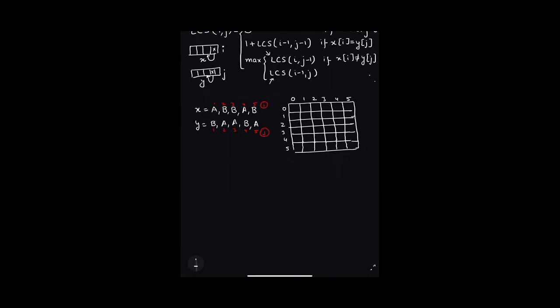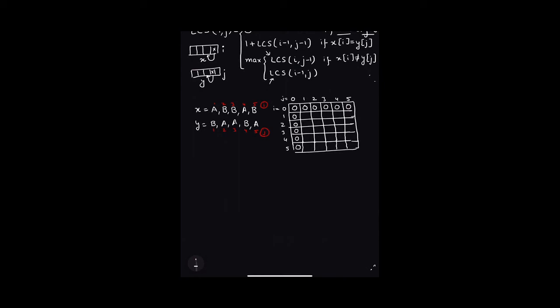Now, according to my formula, you can see that if I'm having I as 0 or J as 0, I have to put the value straight away as 0. So I'm going to put 0 over this row, since it is having I equal to 0. And I'm going to put the values of 0 over here as it is having a J value of 0.